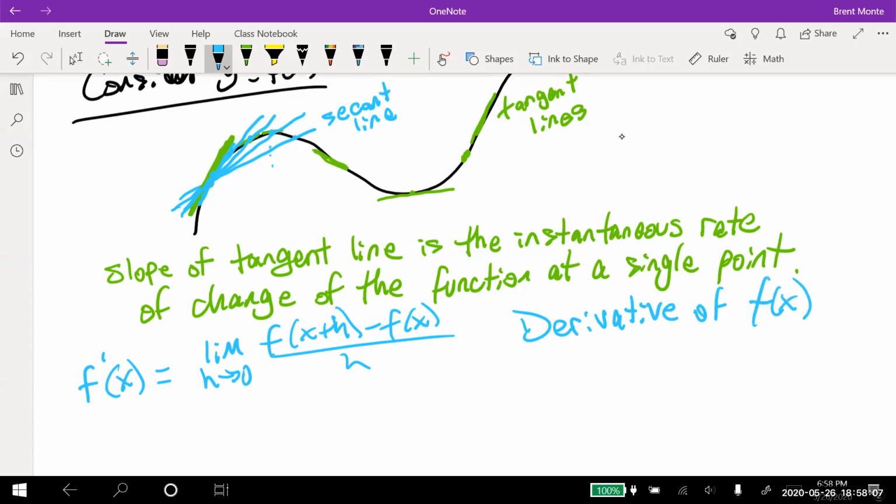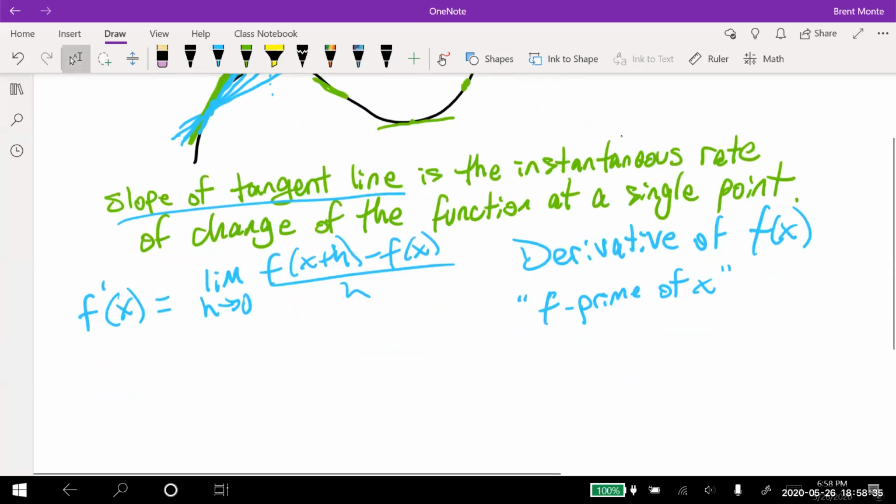It's pronounced f prime of x. So when we look at that little mark above it, looks like a quotation mark, I mean an apostrophe, we call that f prime. So f prime of x, that's the derivative. And what it is, it's the slope of the tangent line.